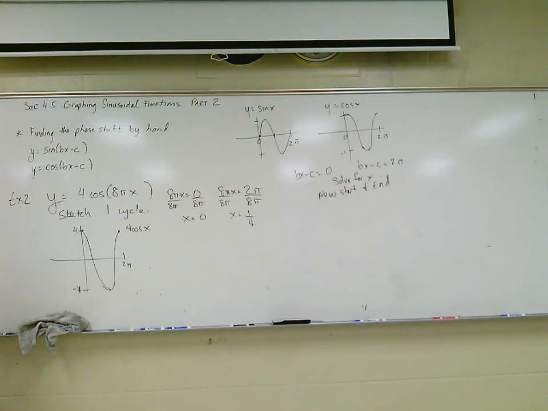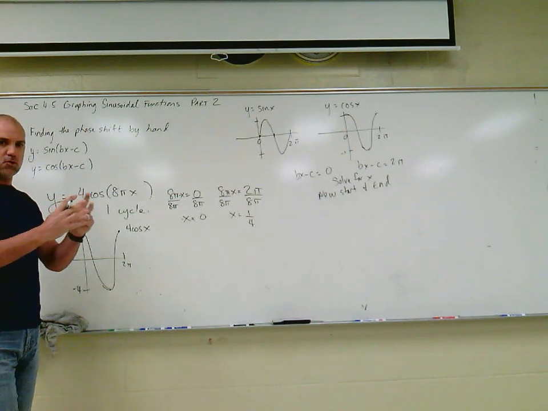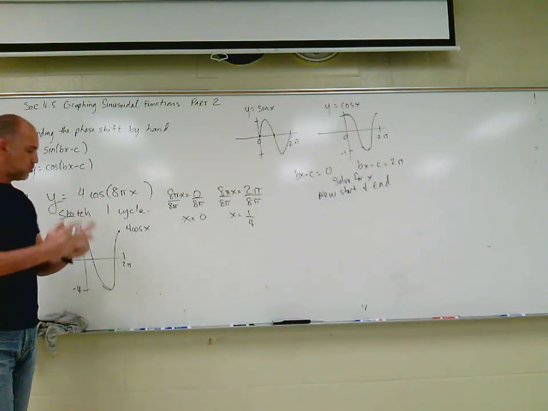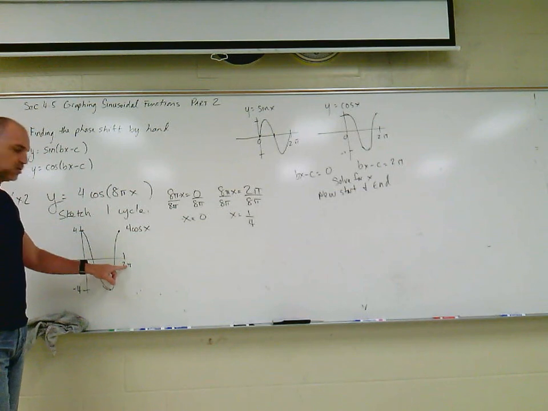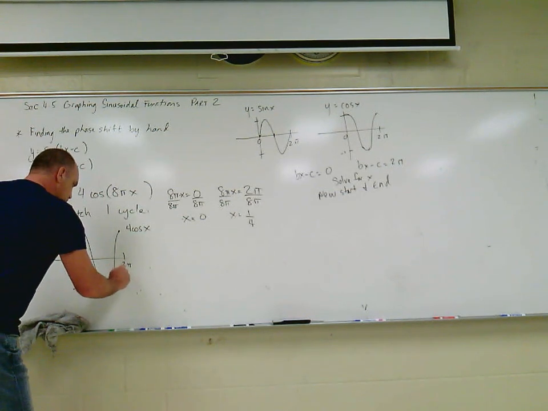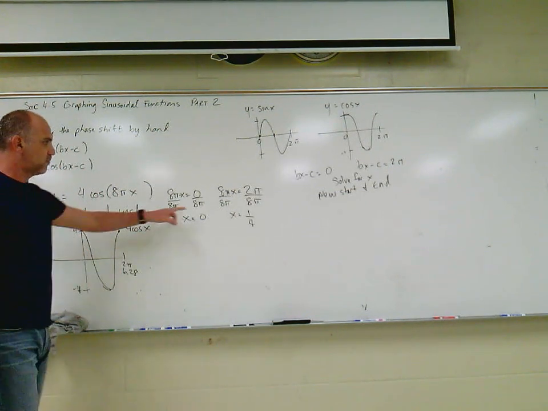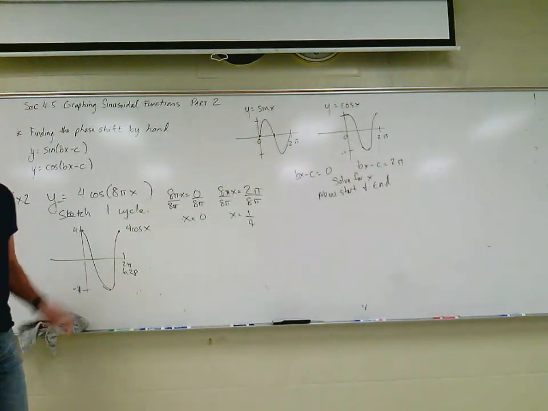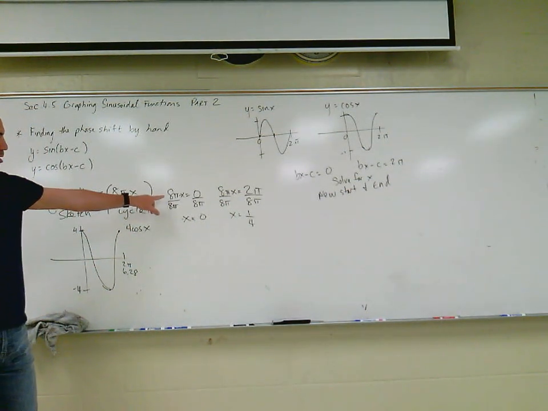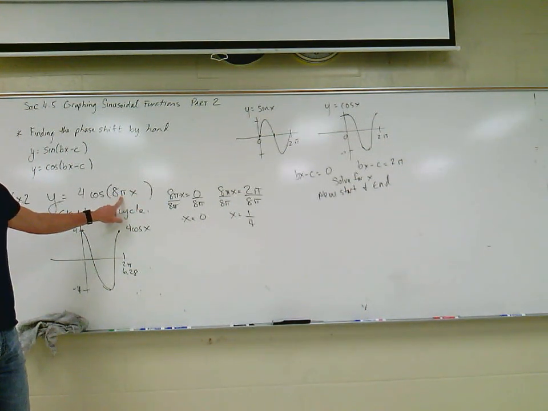So what have we learned? We've learned that this graph, think about it, is it going to get stretched or is it going to get smashed? Well, it originally goes from 0 to 6.28, because 2 pi is 6.28. Now it's going to go from 0 to 1/4. So it's getting really smashed, and that's because this number in here is larger than 1.